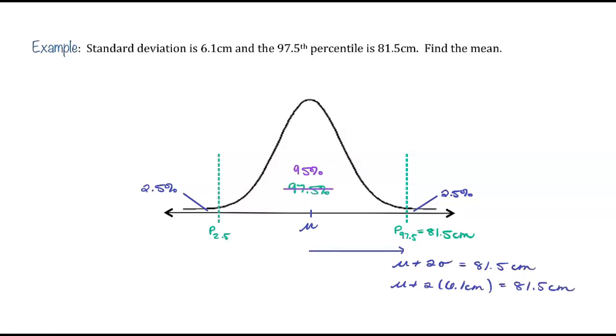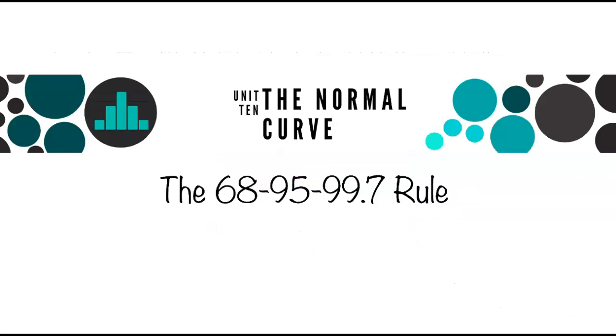And solving this equation for the mean, we find that the mean is equal to 69.3 centimeters. Hopefully you're beginning to see the relationships between the mean, standard deviation, and percentiles. The 68-95-99.7 rule brings them all together. And that concludes this lecture video on the 68-95-99.7 rule.